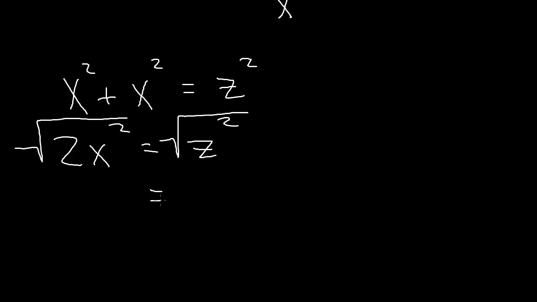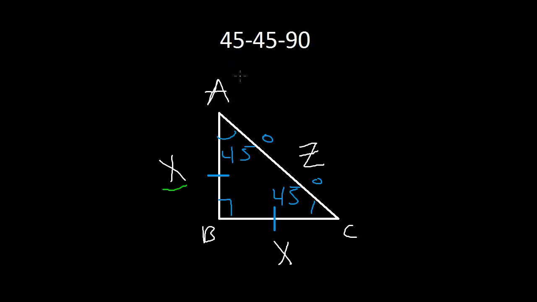The square root of z squared, remember we're taking the principal square root, so it's positive, is z. And the square root of 2 times x squared is the square root of 2 times x. So up here we have z is equal to the square root of 2 times x.